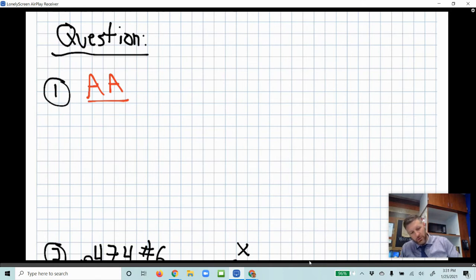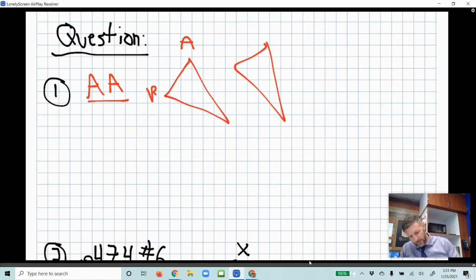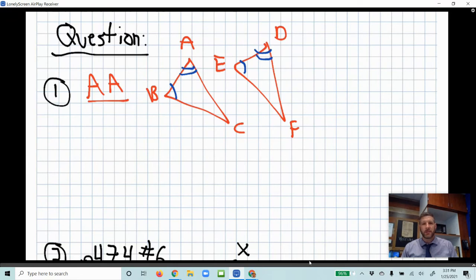If you know that two angles within triangles, let's get some triangles up here, and we'll call them ABC and DEF. If I know that two angles within these, so let's say B and E are congruent, and D and A are congruent, then those two triangles have to be similar.